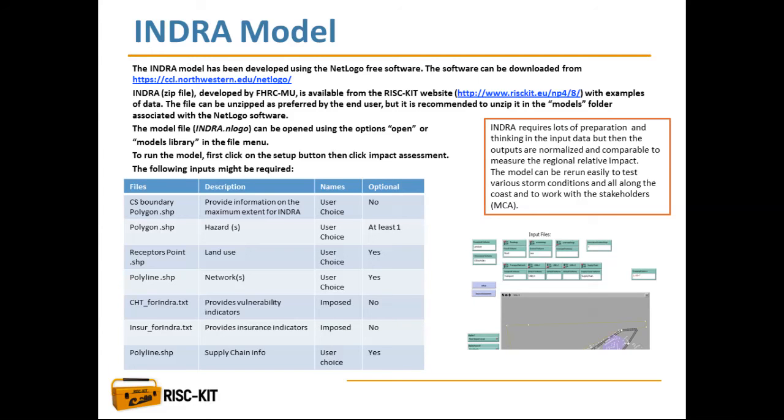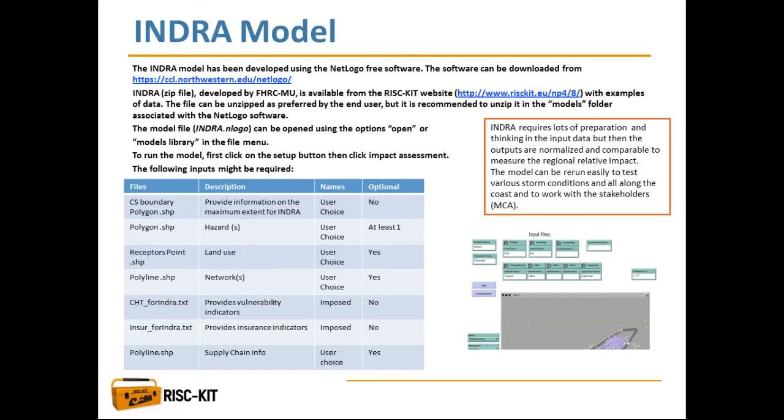Various files will be required to use INDRA. Most of them are shape files or text files. Please be aware that INDRA requires lots of preparation and thinking in terms of input of data.